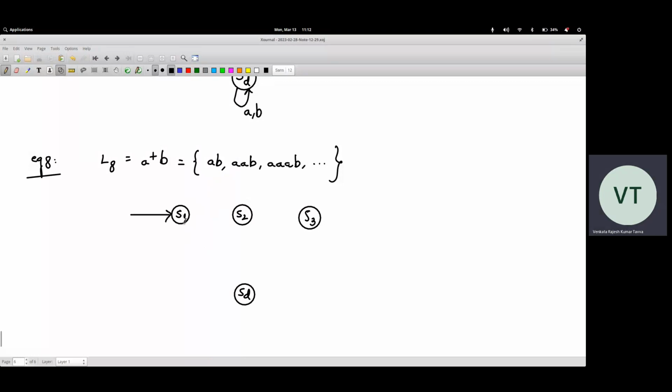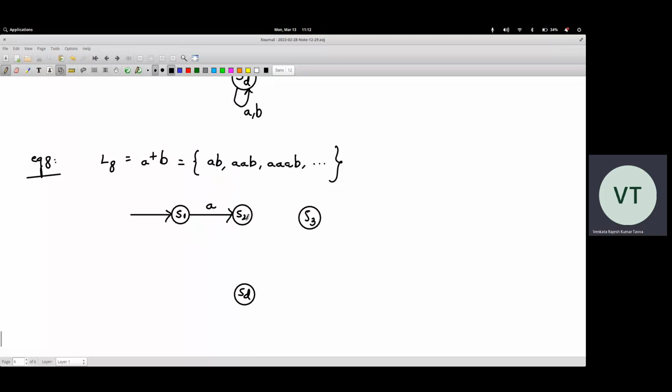So first one is the start state. Here, if I'm in S1, I know I haven't seen any symbol so far. Okay. And the next scenario is I have seen 1A. So on seeing an A, I go to S2.